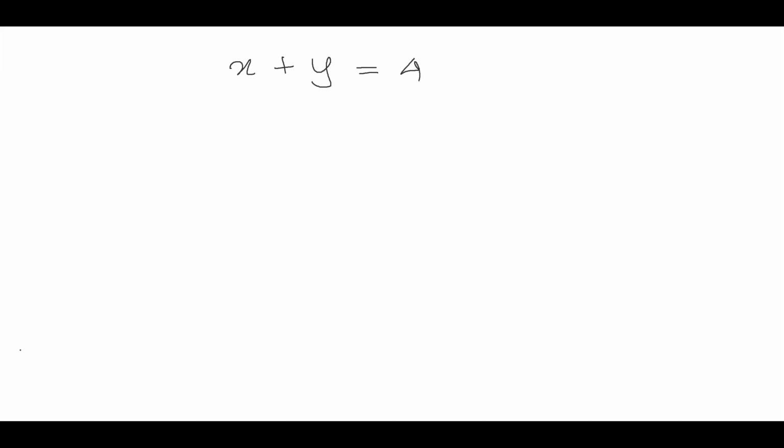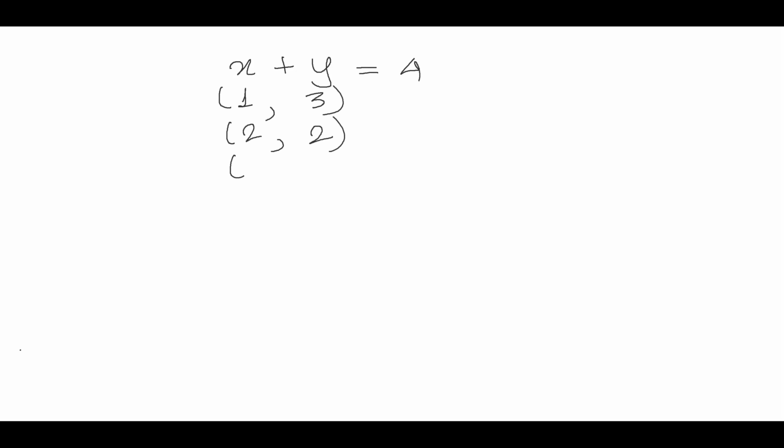Now if I tell you to find the values of x and y, you will get infinite combinations. For example, if I choose the value of x as 1, the value of y would be 3, because their sum has to be equal to 4, as you see on the right hand side. The total of both should be 4 as per the right hand side. If x is 2, y would be 2.